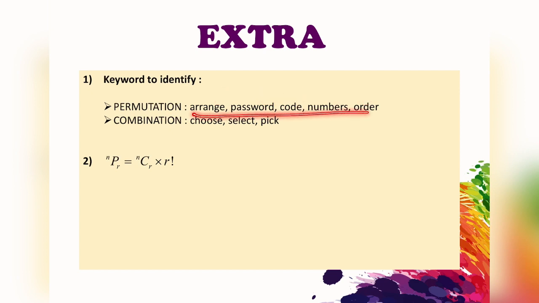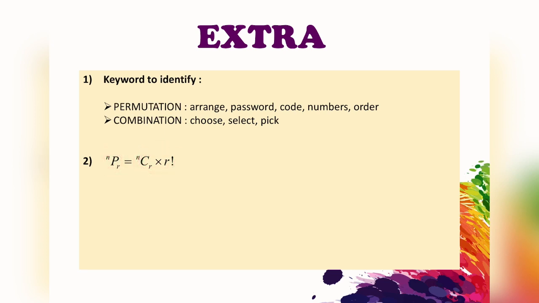If you see all these words in the questions, that means we are going to use permutation. But if the question only says choose or select or pick, we are going to use combination.